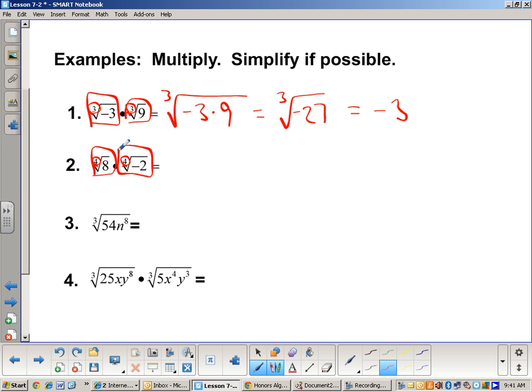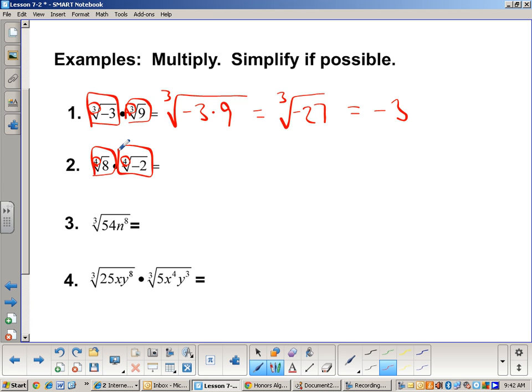In other words, what you're saying is there's no way to take a number, multiply it by itself 4 times and get a negative number, right? For example, 2 times 2 times 2 times 2 is going to be a positive number, right? And negative 2 times negative 2 times negative 2 times negative 2 is going to be a positive number.